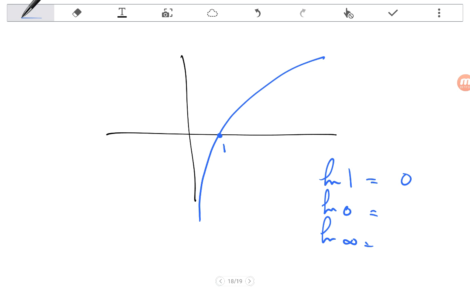Yes, it would go to negative infinity. So ln 0 goes to negative infinity. What is ln infinity? When you go to this side, the graph will go to positive infinity. So ln 1 is 0, ln 0 is negative infinity, ln infinity is infinity.